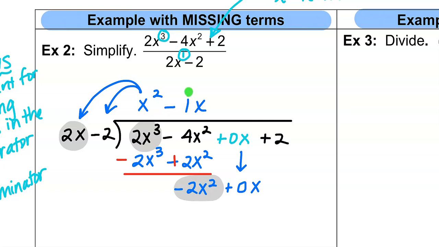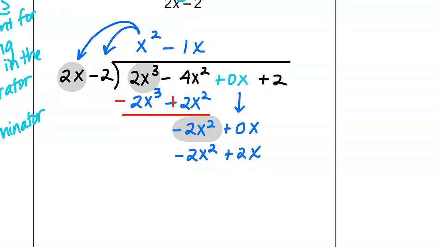So the minus 2x times the 2x gives me minus 2x squared. And then we're going to do the minus 1x times the minus 2, which gives me plus 2x. Going to draw my line and change all signs.